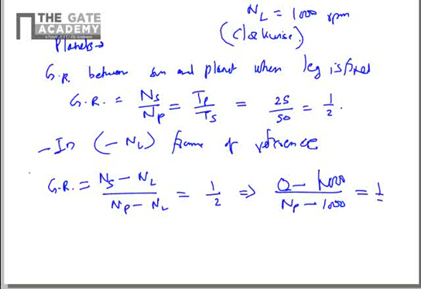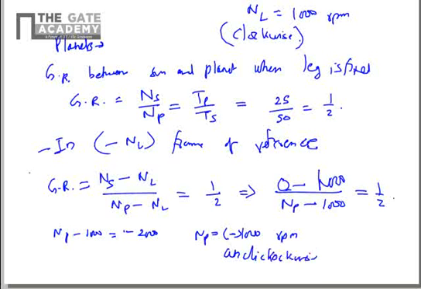So 0 minus 1000 over NP minus 1000 equals minus half. Simplifying, NP minus 1000 will be equal to 2000, so NP will be equal to minus 1000 rpm, and since the sign is negative, it is moving anti-clockwise. So we have determined the direction and speed of the rotation of the planet.